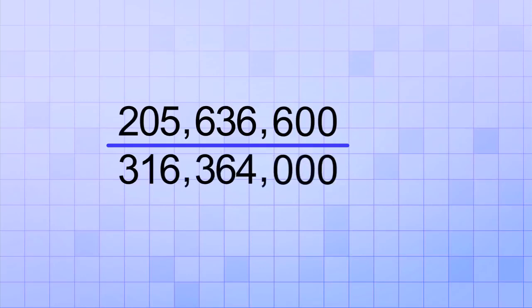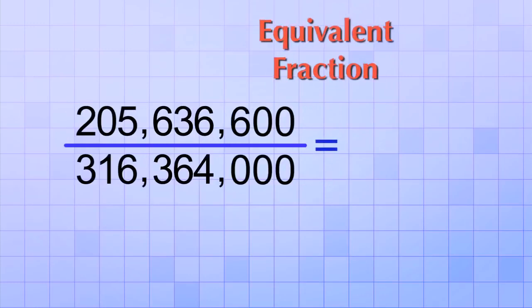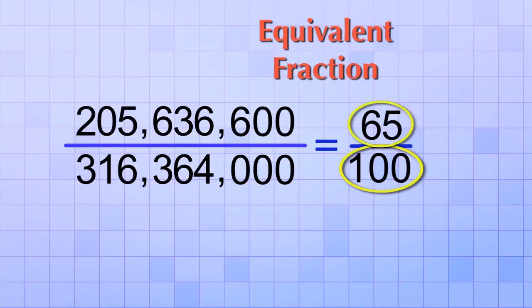That's a lot of people, and that fraction's not very easy to imagine. But the equivalent fraction, 65 over 100, is much easier to imagine. And it tells you that for every 100 Americans, 65 of them like watching football.